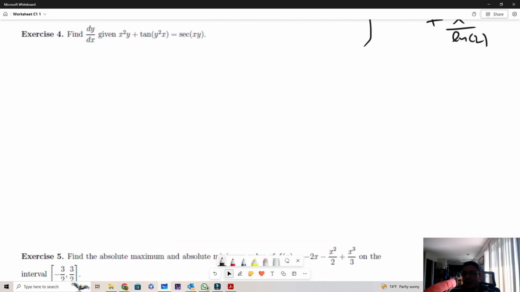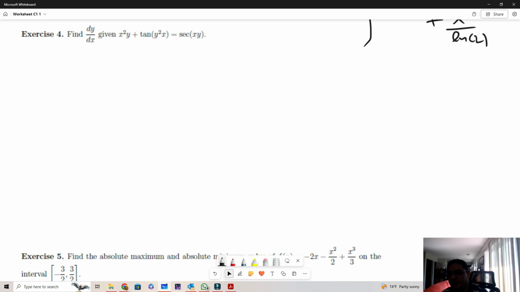Now, on the survey from last week, I noticed that a lot of you mentioned that you were concerned about implicit differentiation. But implicit differentiation is not really that bad. When you think about it, you're just doing normal differentiation with chain rule. But the only thing is that every time that you make a derivative with y, then you're going to multiply by y prime.